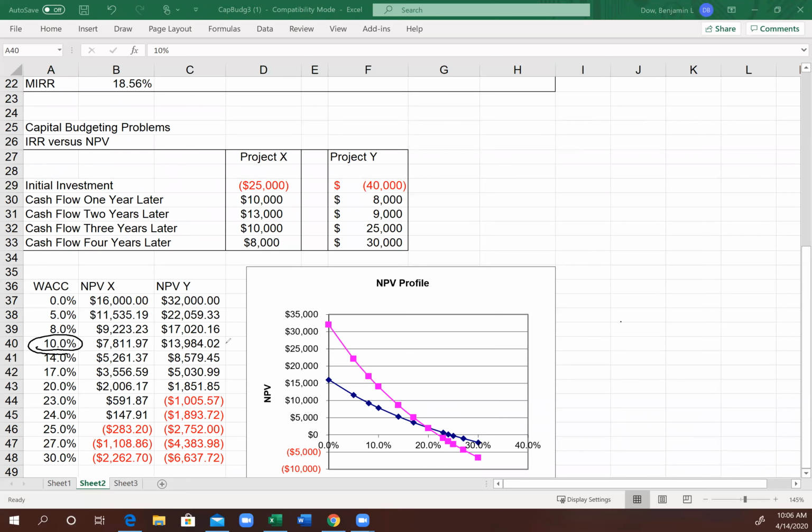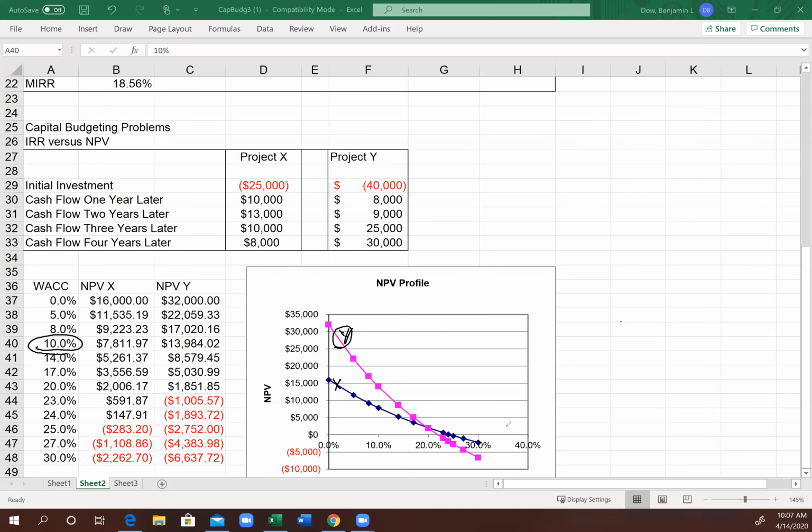Okay. And we can see from this, if we look at, okay, this is Project Y in the maroon, and this is Project X. Okay. And we can see that Project Y has a steeper curve.